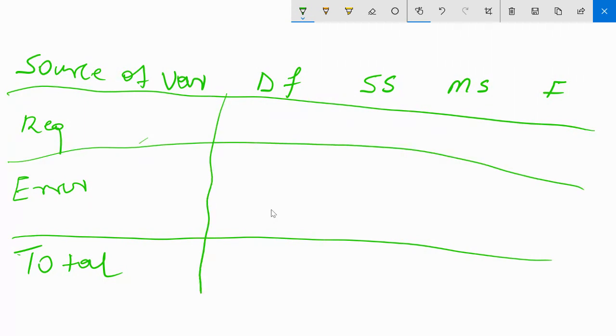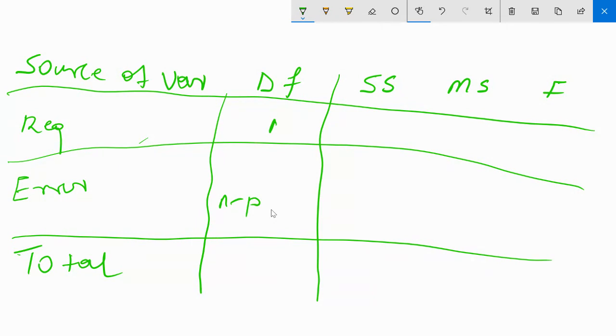The degrees of freedom for regression, it's always 1 in simple linear regression, because it's the number of parameters minus 1. So we have 2 parameters, so it's 2 minus 1, it's always 1. Then this one, it's n minus p. N is the sample size.